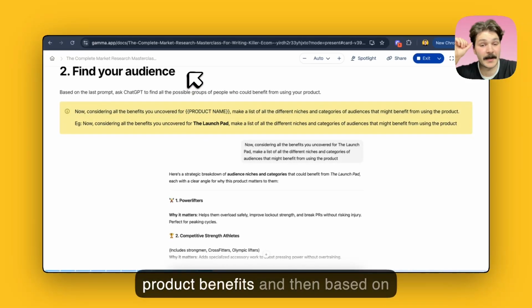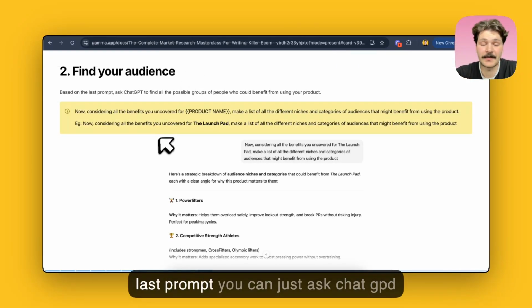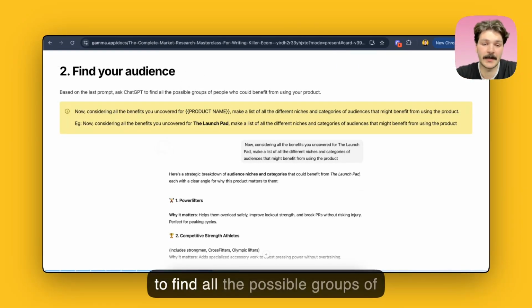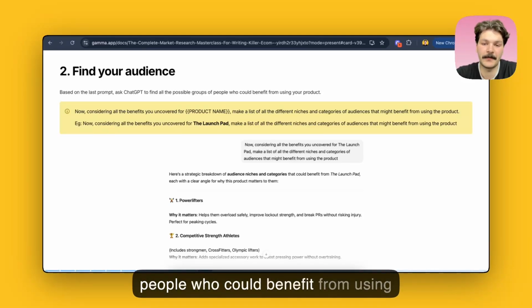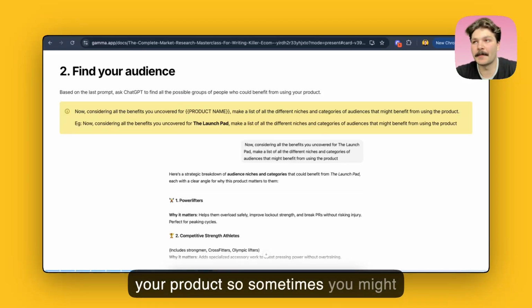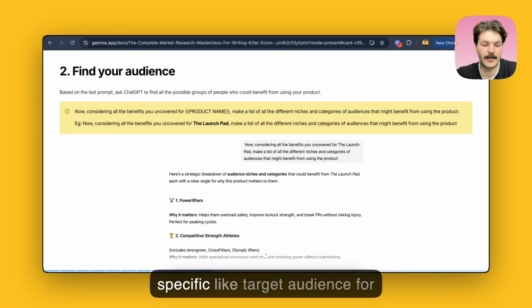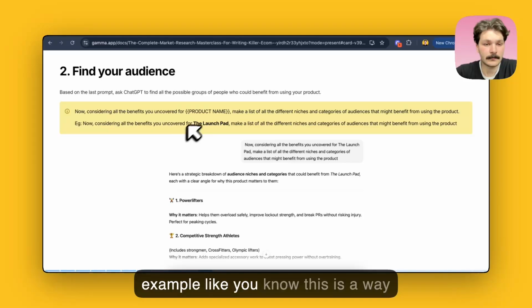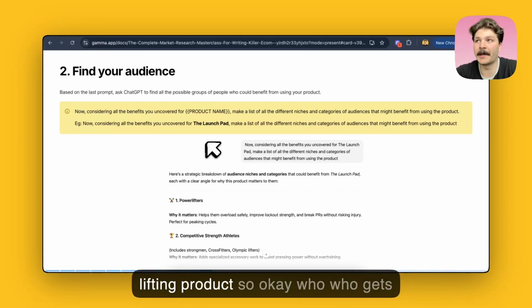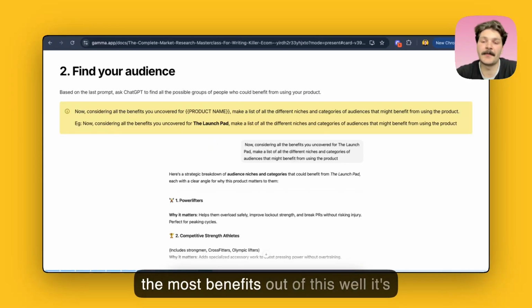So you've got the product benefits, and then based on the last prompt, you can just ask ChatGPT to find all the possible groups of people who could benefit from using your product. Sometimes you might get really dialed in on one specific target audience. For example, this is a weightlifting product, so who gets the most benefits out of this?